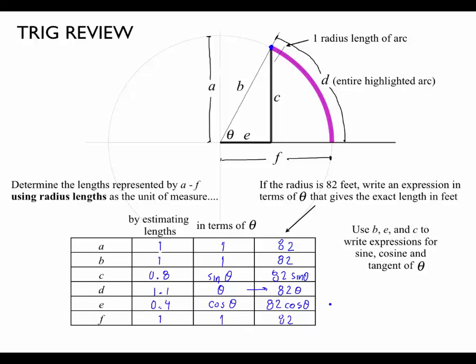All right, now use B, E, and C to write expressions for sine, cosine, and tangent of theta. So sine theta equals what in terms of B, E, and C? Same with cosine, same with tangent.